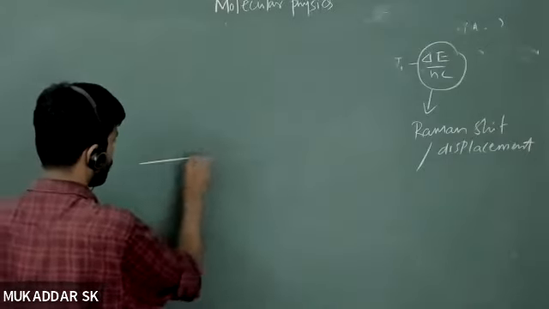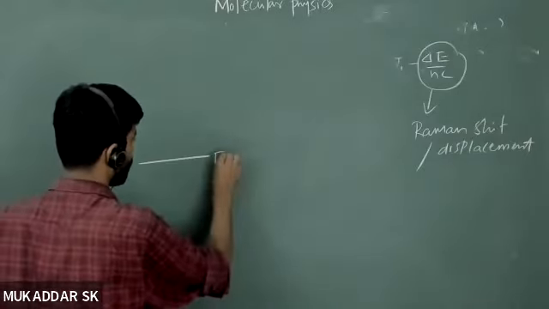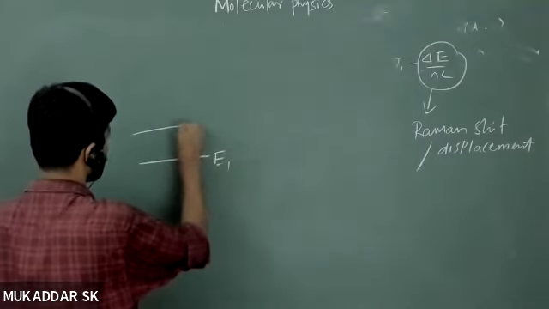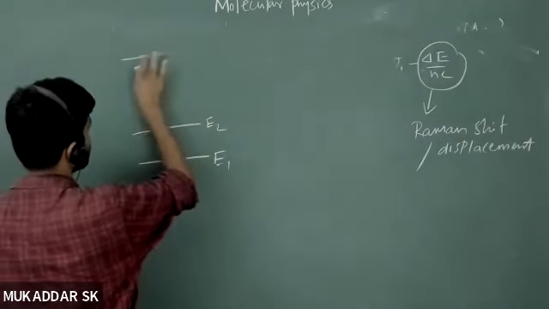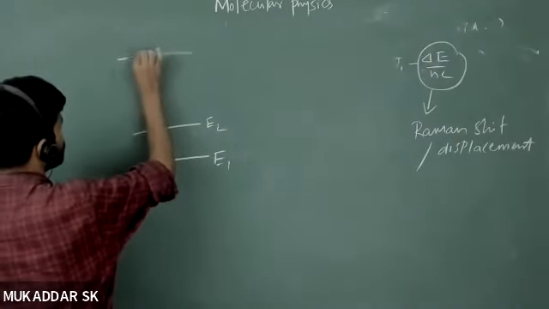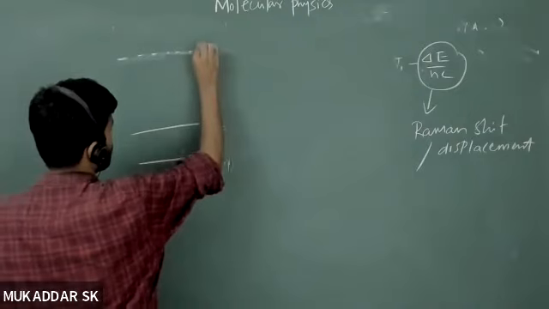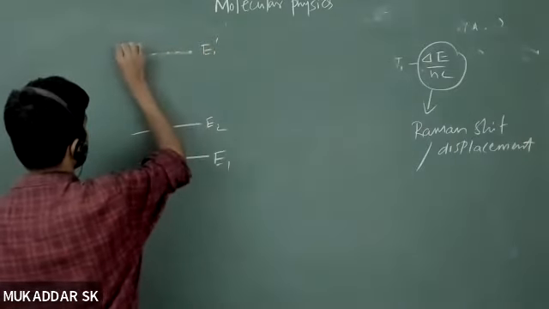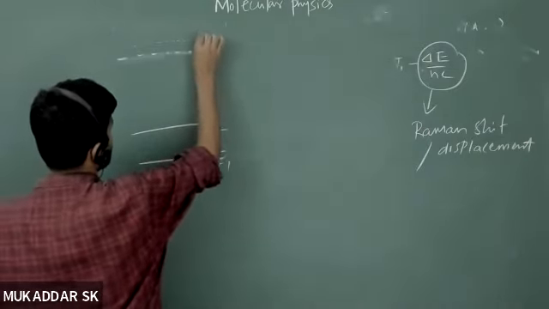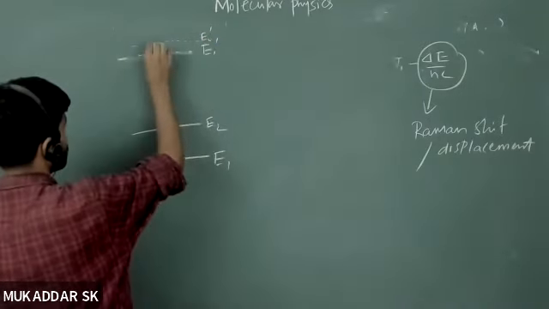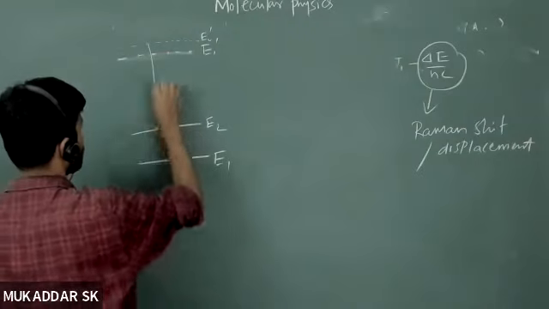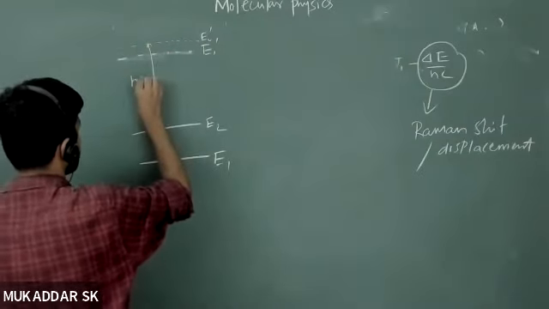So another possibility you have: suppose you have the same states E1 and E2, and there is this state here, E1 dash, and you have E2 dash. This gap is h nu dash.